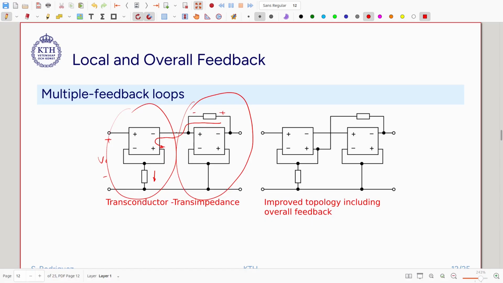It is sometimes possible to connect this feedback resistor directly to this node instead, and then both amplifiers contribute to the loop gain of the whole circuit. So we have overall feedback, which improves the loop gain pole product.